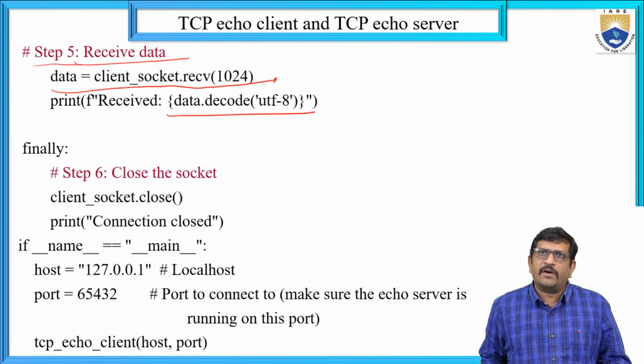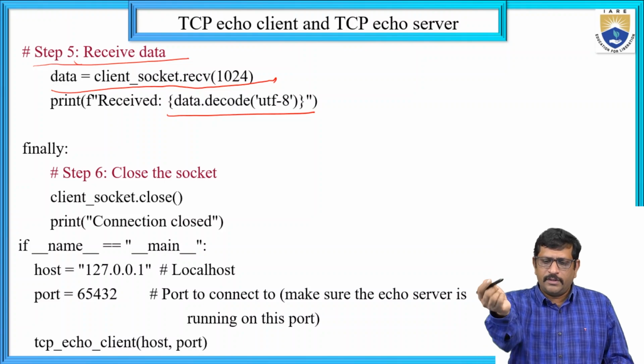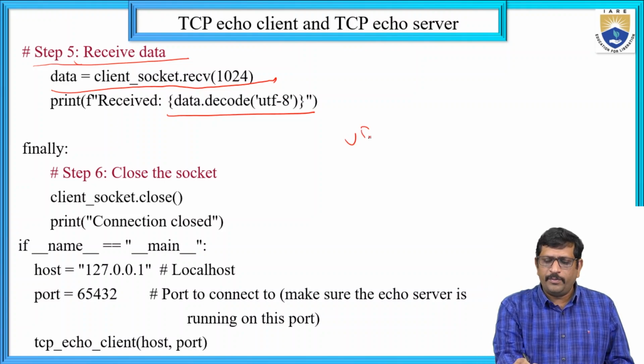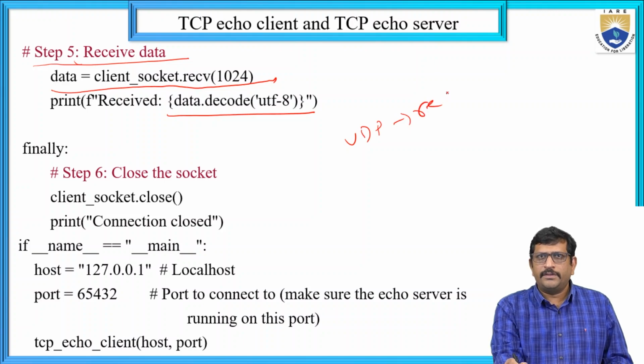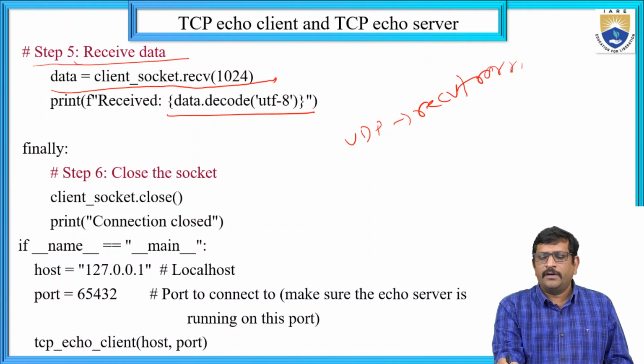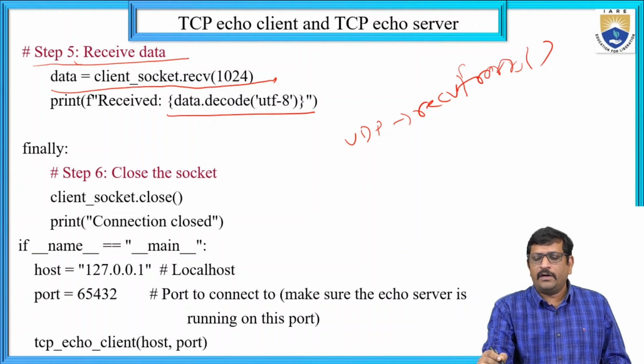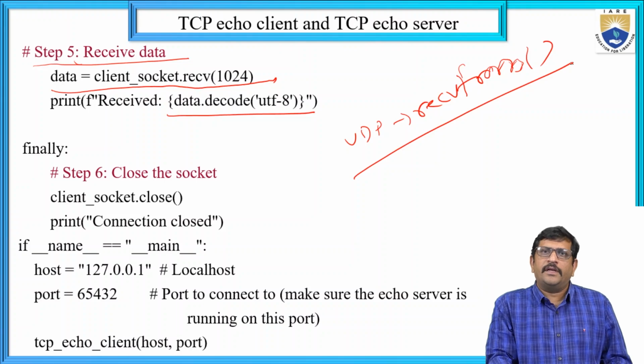Generally in a TCP echo client and echo server, for receiving we use recv. But in a UDP echo server and client, we use the recvfrom method to receive the data.